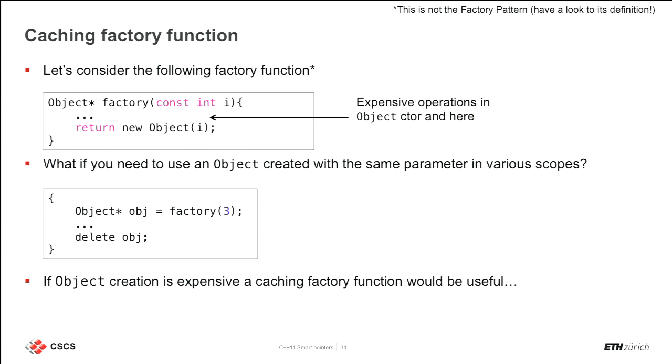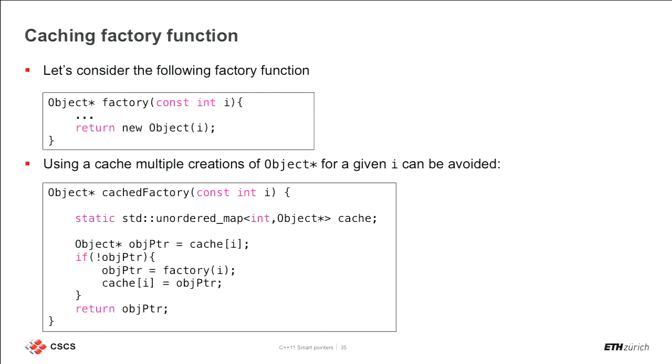And this is the scope of introducing a caching mechanism in our factory function. Instead of always calling this factory function with the input parameters, we can use a cached version of the same factory function, which stores the already created objects in a cache, represented in this case by this unordered map.